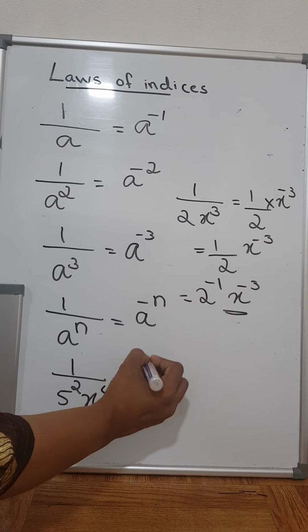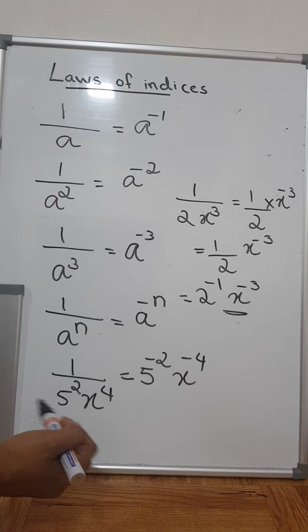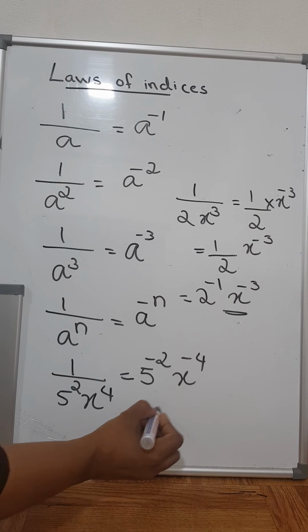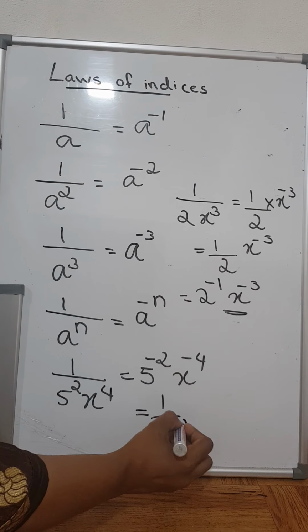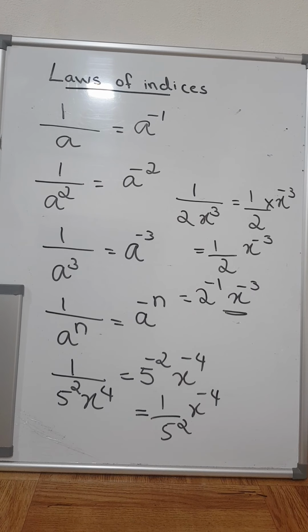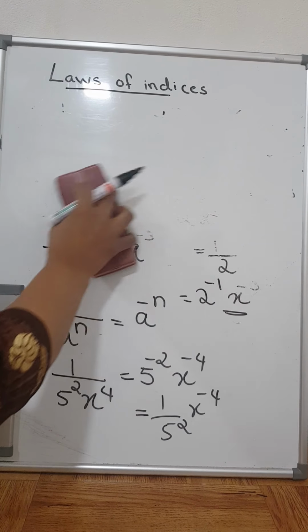So this will become 5 to the power minus 2 x to the power minus 4. But if you are only taking x to the power 4 to the numerator, it will be 1 by 5 square x to the power minus 4. You understood, right?